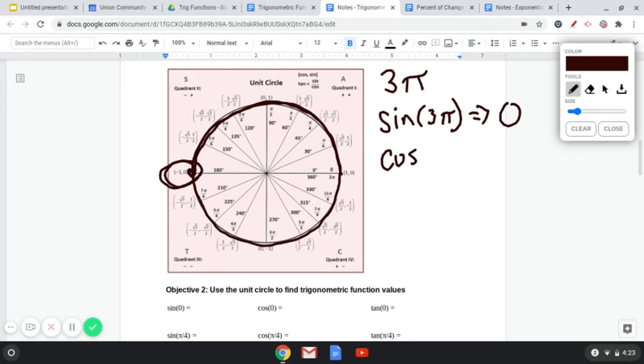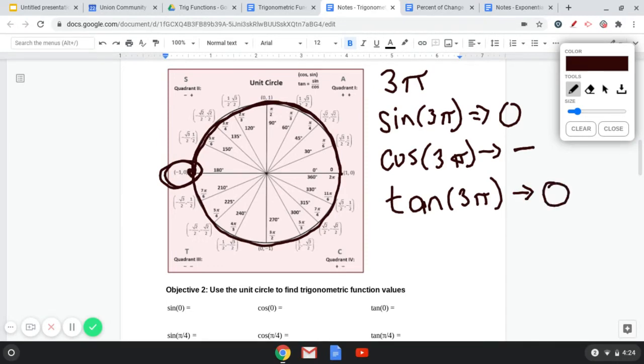Now the cosine of 3 pi is negative because we go to the left from the origin. So this is negative. And now the tangent. Tangent is sine over cosine. This will be 0 over a negative number, which will be 0.